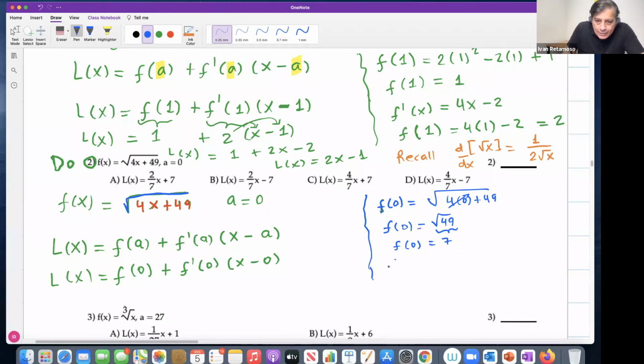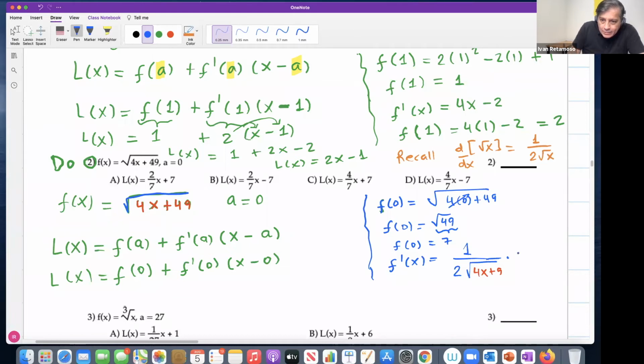Great. Now, the derivative. First, let's figure out the derivative of this composite function. We start with the derivative of the outside function, which is given by this formula, 1 over twice the square root of something. That something in general is this 4x plus 9, times the derivative of the inside function. But the derivative of this inside function is easy to compute. Derivative of 4x is just 4.